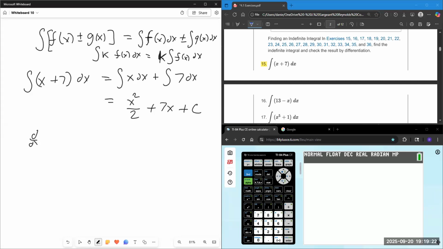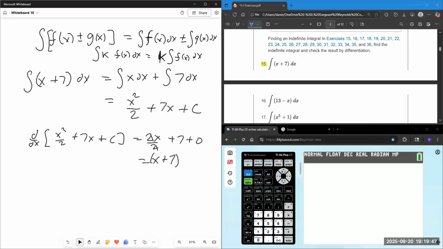The derivative with respect to x of x squared over 2 plus 7x plus c is 2x over 2 plus 7 plus 0, which is x plus 7, which is what I started off with in my integrand.